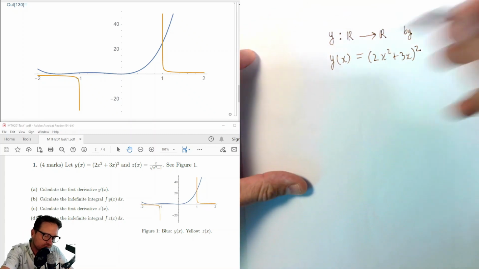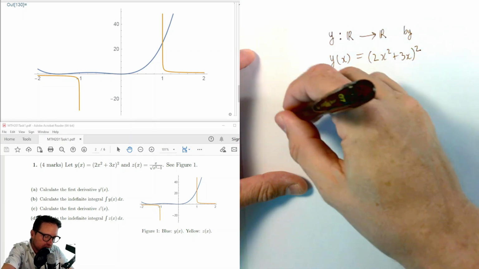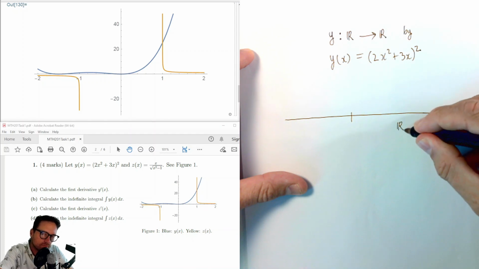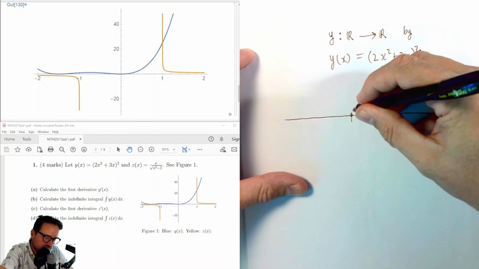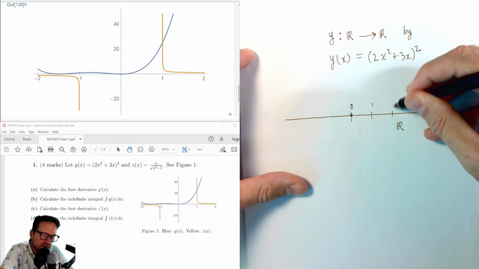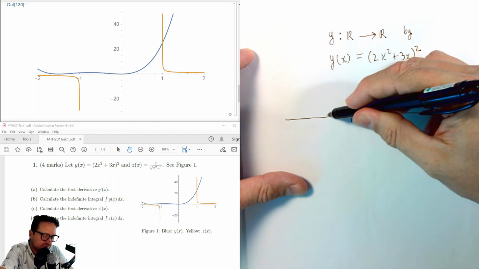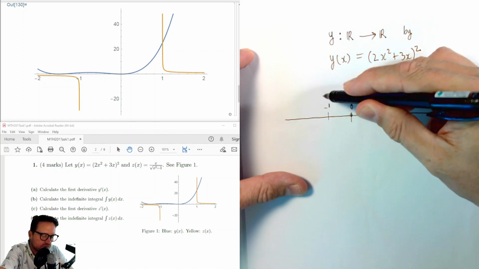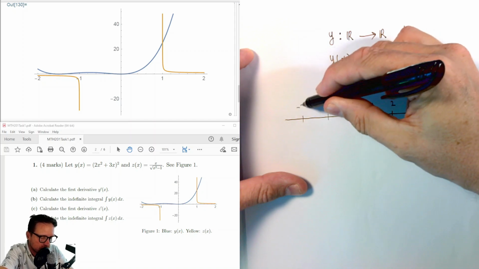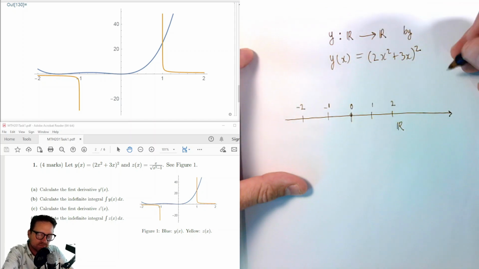All right, now what are the real numbers? Well, you can think of that as numbers on the number line. Here we've got 0, and then here let's say we've got 1, here we've got 2, over here we've got -1. So far I'm just writing the positions of the integers or whole numbers. But between any two real numbers, there is another real number.